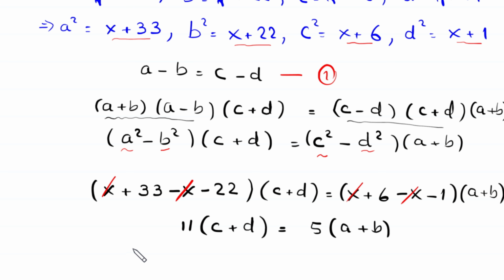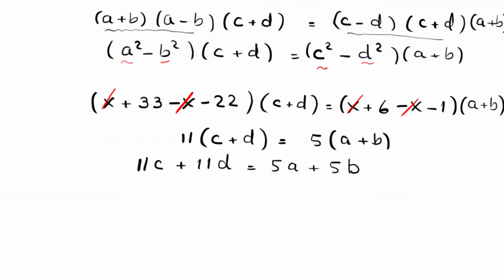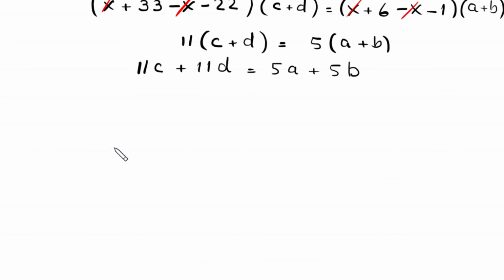Distribute the 11: this becomes 11 times c plus 11 times d, equal to, distributing the 5, 5 times a plus 5 times b. We can rewrite this equation as 5a plus 5b equals 11c plus 11d.